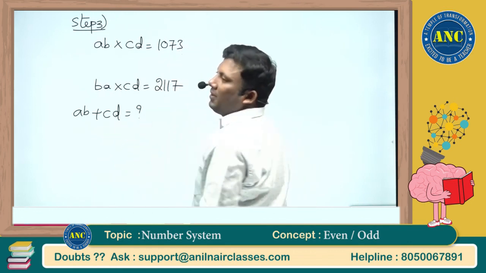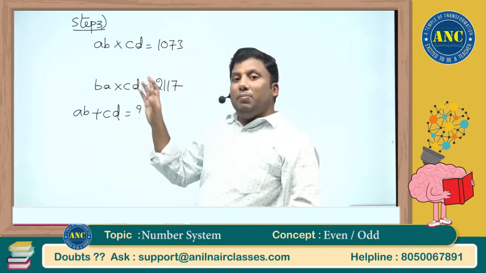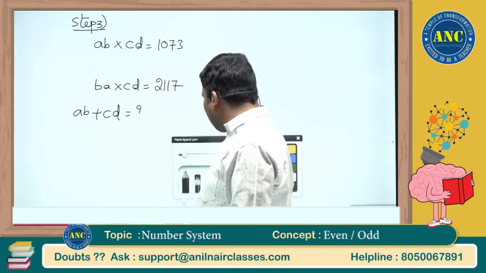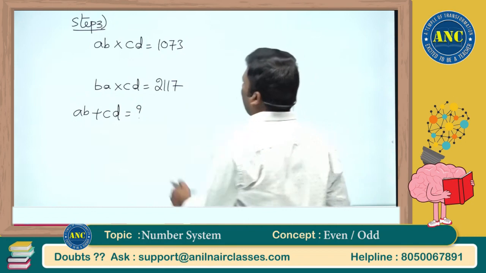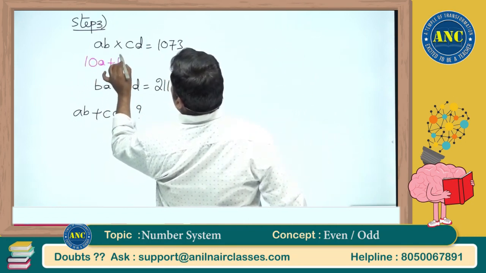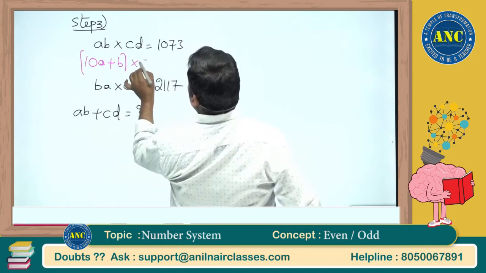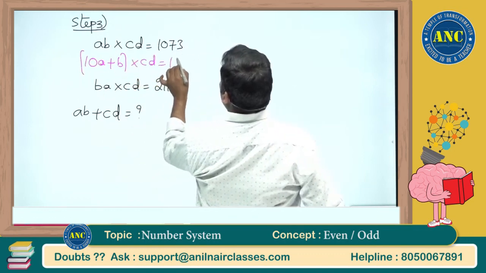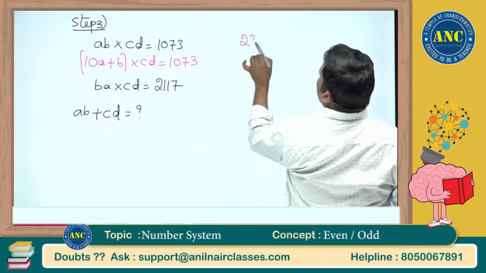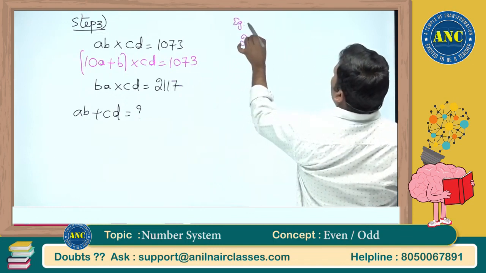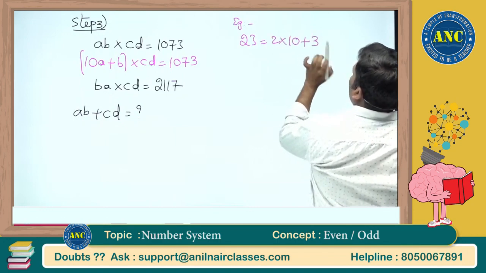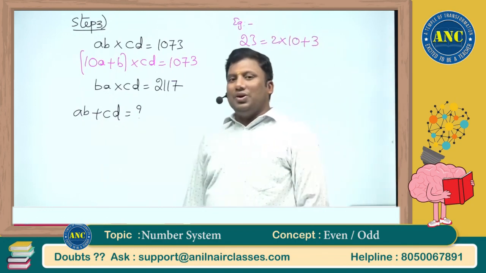Here CD, CD both are remaining the same. A is present in which place? A is present in the tens place. So it is 10A plus B, into CD, is equivalent to 1073. Example, if 2 is present in the tens place and 3 in the units, it is 2 into 10 plus 3.